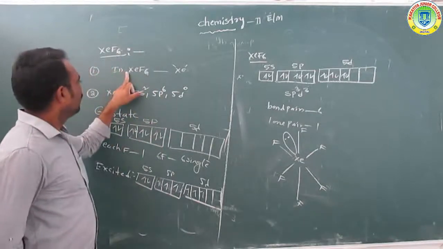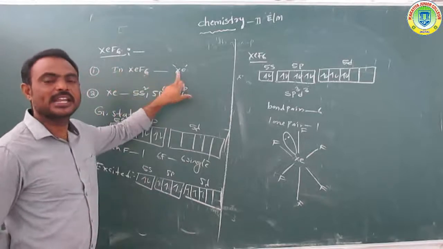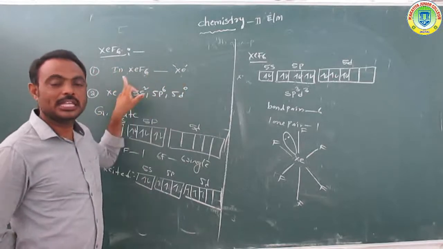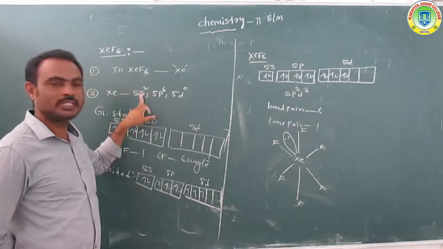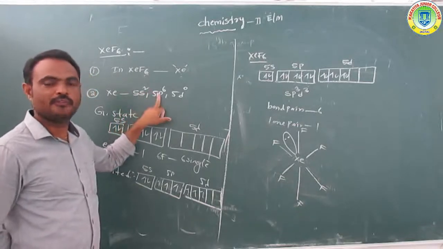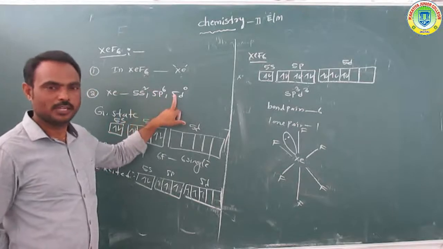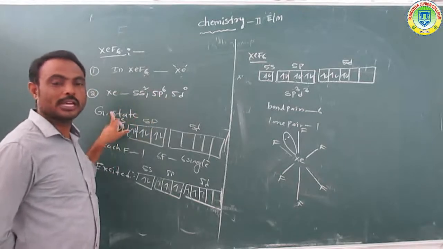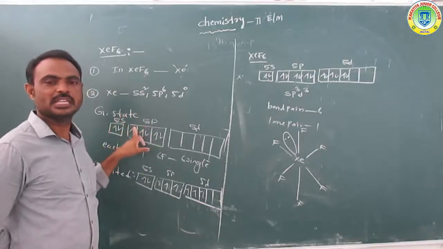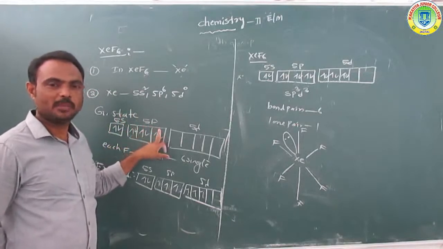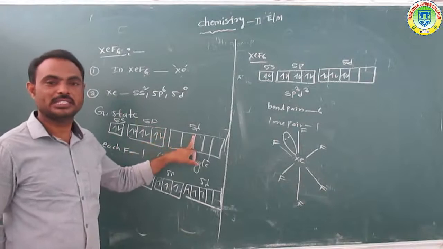Overall, in XeF6 the central atom is xenon. The outer shell electronic configuration of xenon is 5s2, 5p6, 5d0. In the ground state, 5s orbital has 2 electrons, 5p orbital has 6 electrons, 5d0.